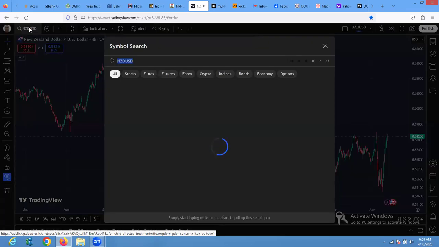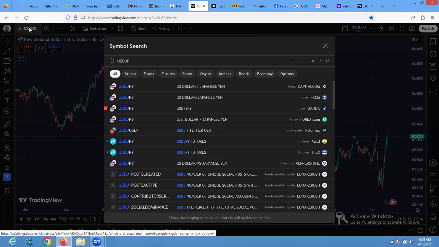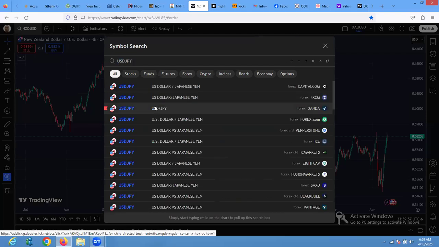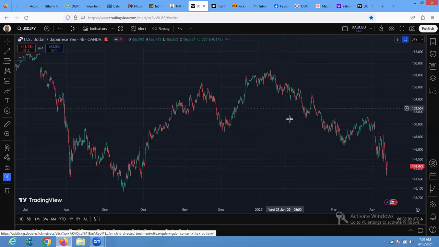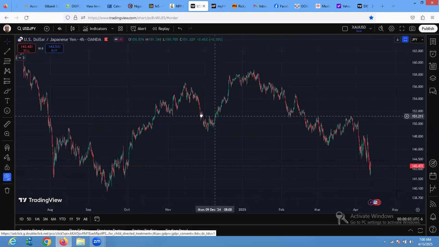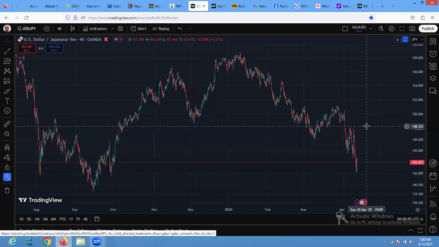As for USD JPY, USD JPY also looks likely to give us, after this move to the downside, if you want to, this is where you can put a stop loss now and watch what kind of correction we're going to get here.